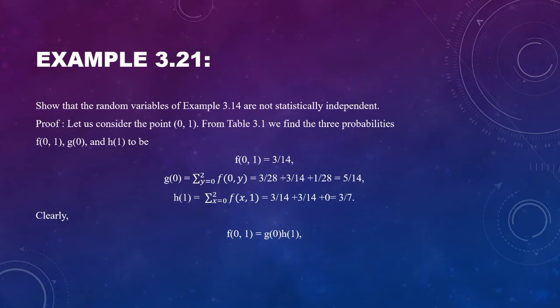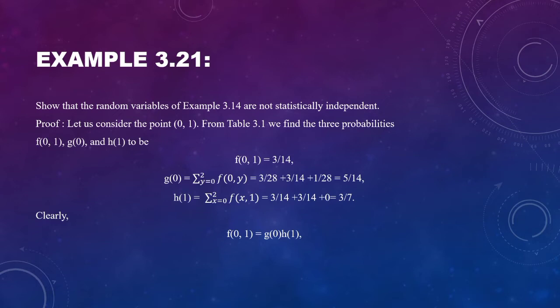And now let's proceed to example 3.21. Show that the random variables of example 3.14 are not statistically independent. So we are going to prove it. Let us consider the point (0,1). From table 3.1 we find three probabilities.